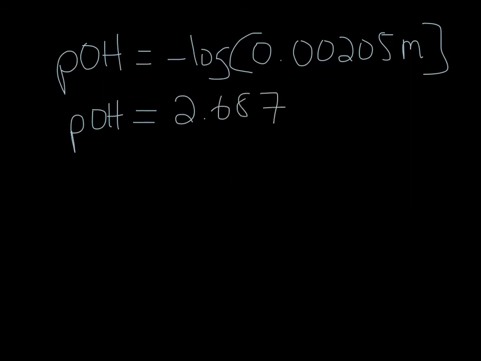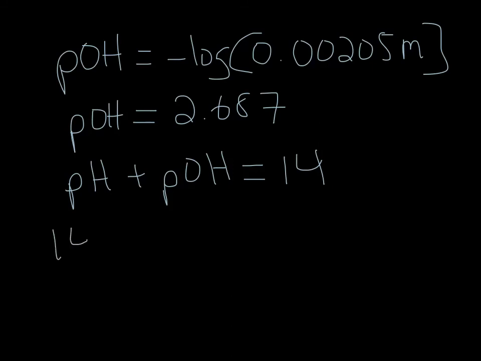Now, we don't really use the pOH scale as frequently as we use the pH scale, but I can get back and forth because pH plus pOH is equal to 14. So if I rearrange that, I can say 14 minus my pOH equals my pH. I just took my pOH over to the other side.